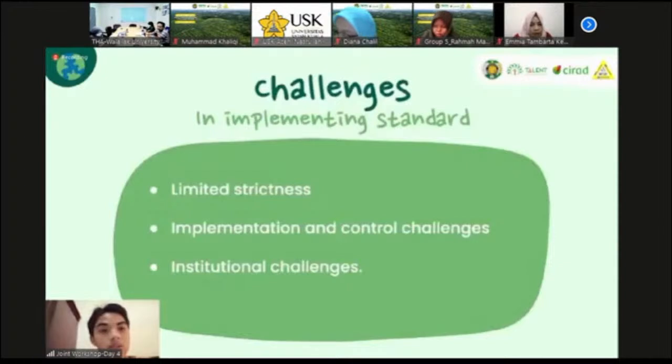Challenges in implementing current standard and certification initiative. There will be legitimacy challenges in implementing existing standards in the palm oil sector, even though they are important and promising instruments.